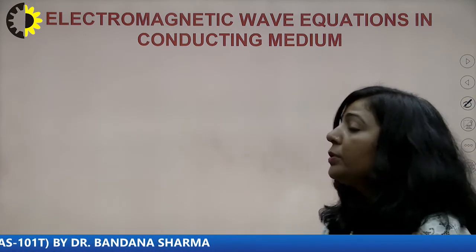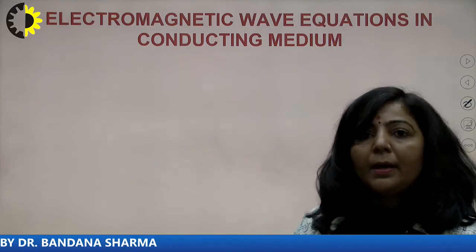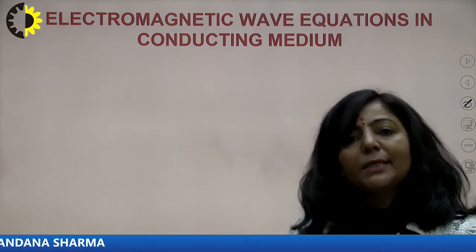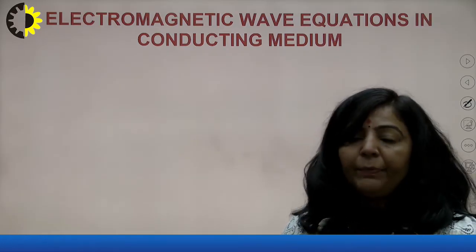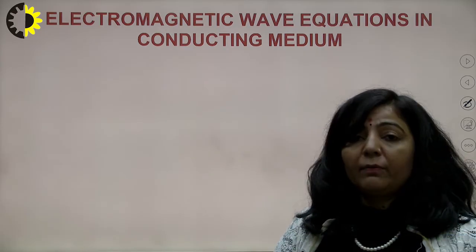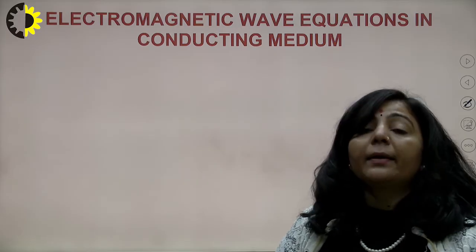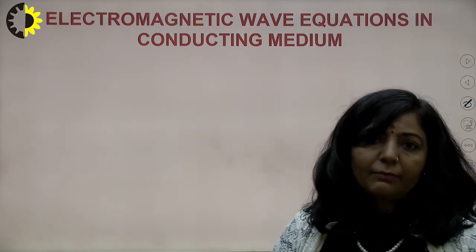I am going to follow similar steps here, and after following those steps you will get the electromagnetic wave equations, and using them we will try to understand the concept of skin depth, clear?